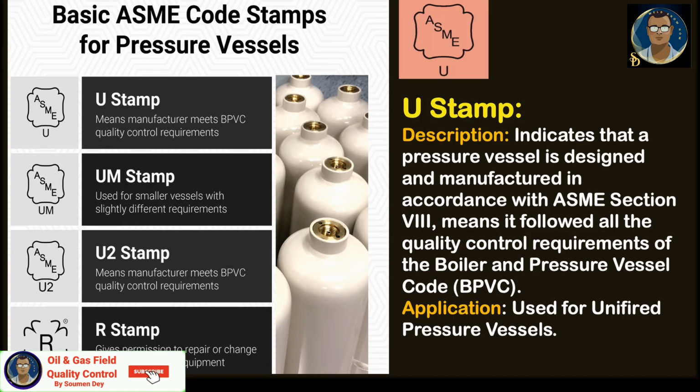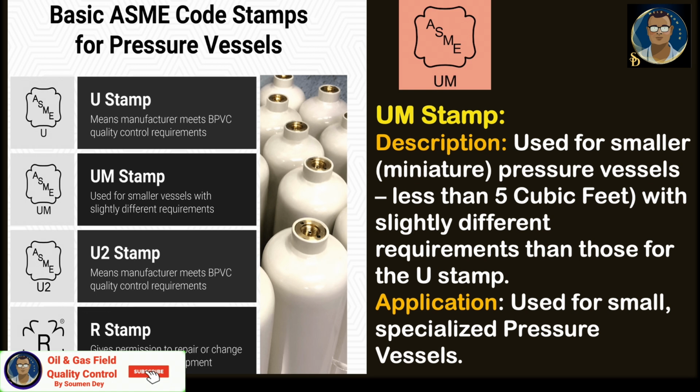Now, the U stamp indicates that the pressure vessel is designed and manufactured in accordance with ASME Section 8, meaning it followed all quality control requirements of the Boiler and Pressure Vessel Code, BPVC. Application: used for unfired pressure vessels. The UM stamp is used for smaller miniature vessels less than 5 cubic feet with slightly different requirements than those for the U stamp.